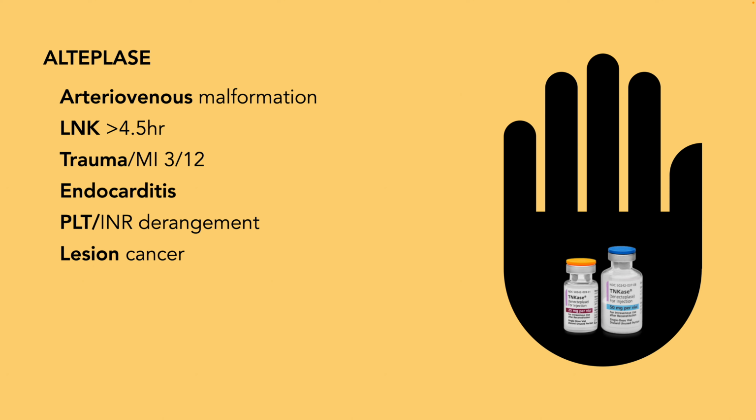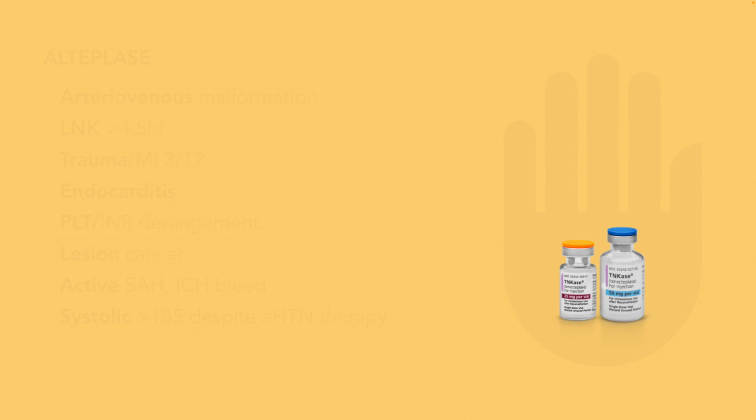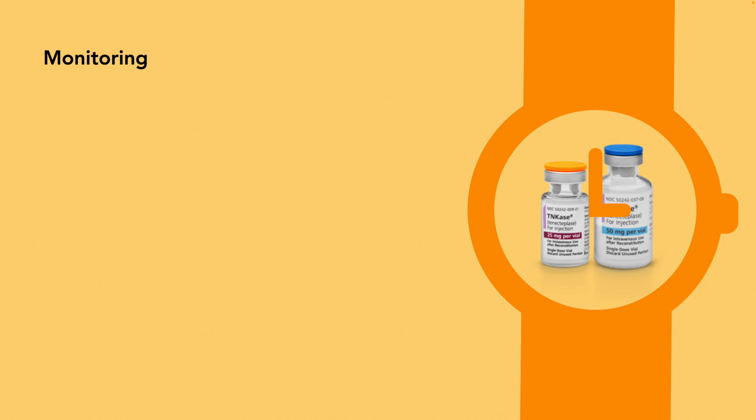Cancer, active cancer, if you've got an active subarach or ICH bleed, intracranial hemorrhage. And if the systolic remains over 185 despite optimal medical therapy trying to get it down, then you've got a problem.